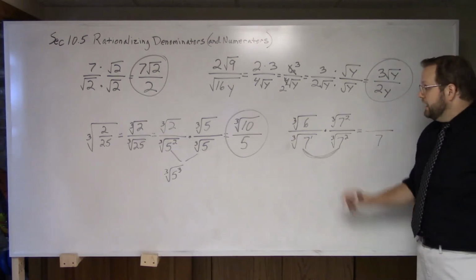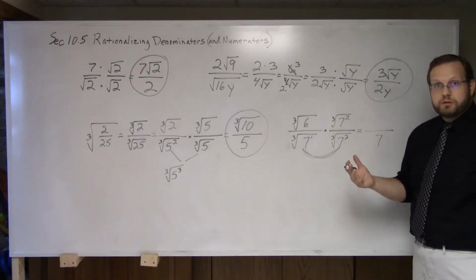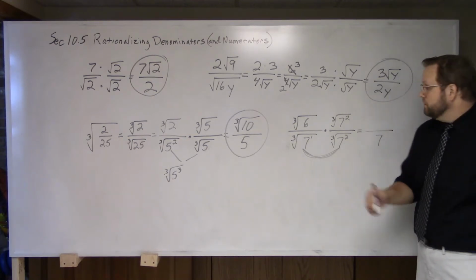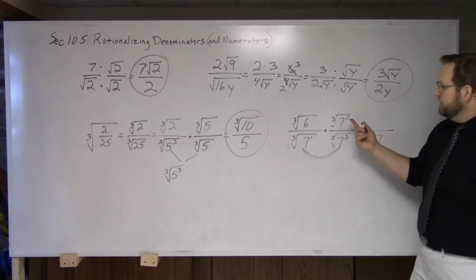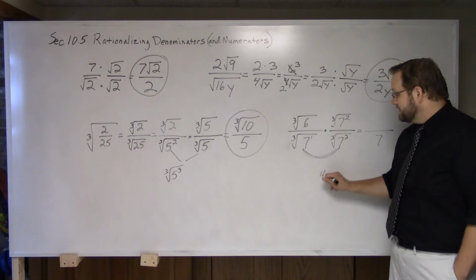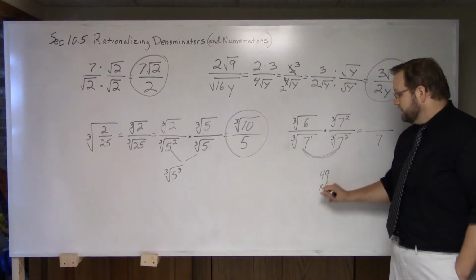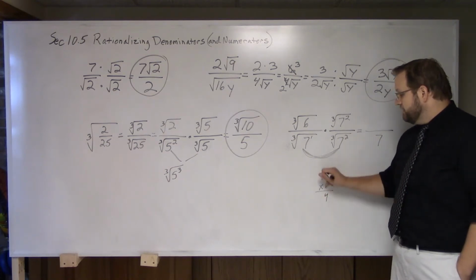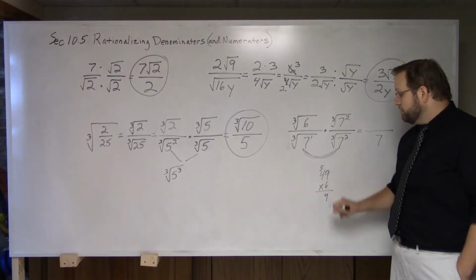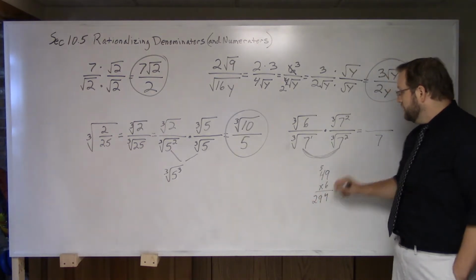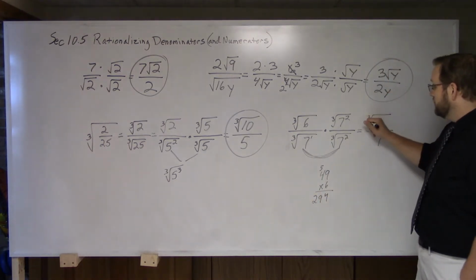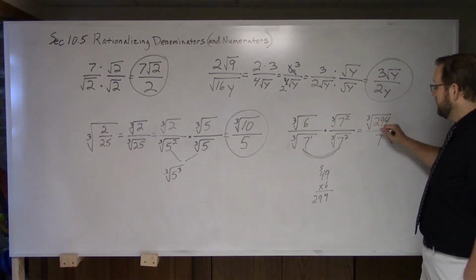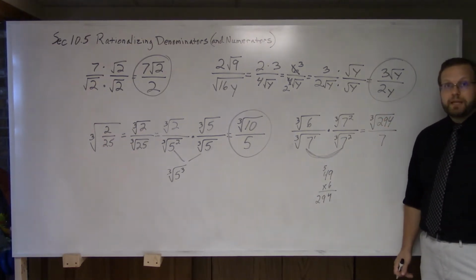And now this, we would then have to multiply. Again, if you need to, 7 squared is 49. 49 times 6, that's 54. 24 plus 5 is 29. That is a cube root of 294. And that's it.